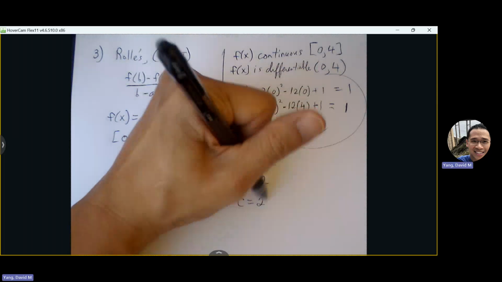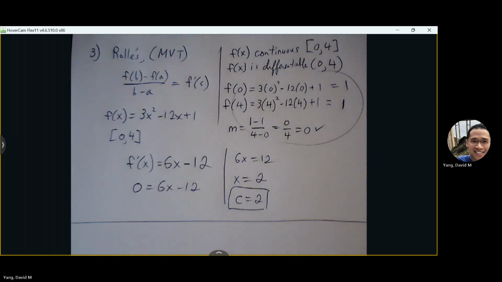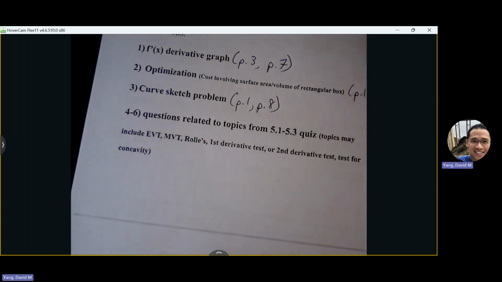So c equals 2. Okay, any questions? All right, number 4.